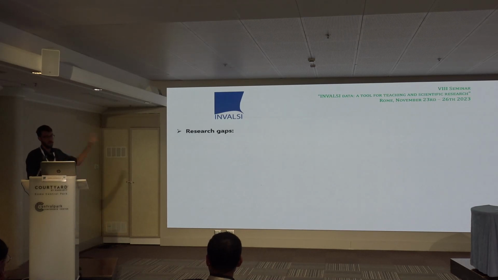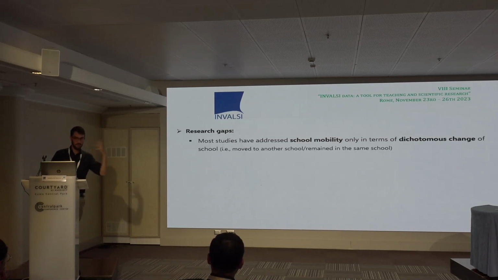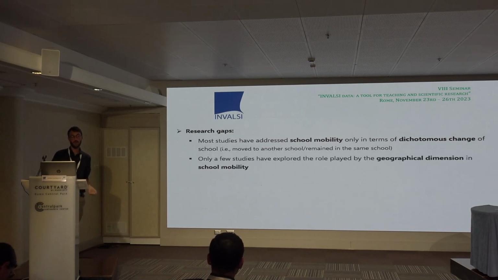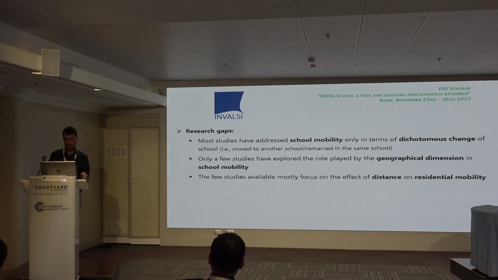However, within this literature there are key research gaps. Most studies frame school mobility all in terms of a dichotomous change, so whether students move to a new school or remain in the same school. Only few studies have focused on the role played by the geographical dimension in school mobility.